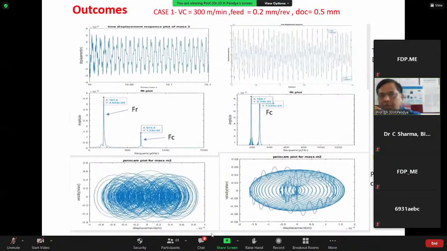Now we come to the outcome. What are the outcomes we are utilizing over here? We are utilizing the dynamic motion tools. The first one is the time response, the second one is the FFT response, and the third one is the Poincaré map. The Poincaré map gives you a better idea. That plot is between the velocity and displacement.